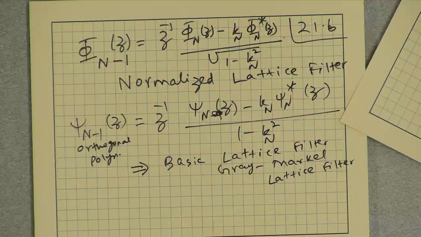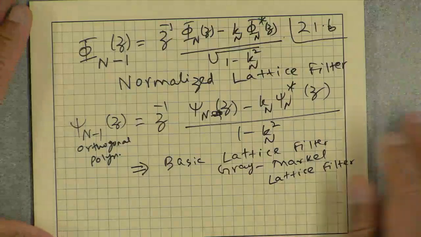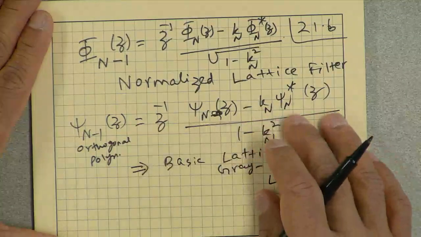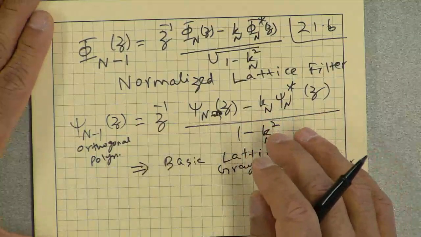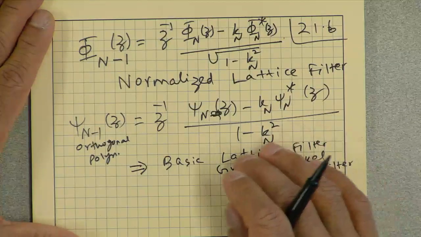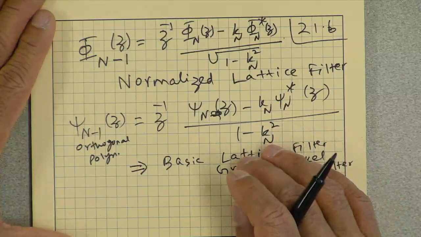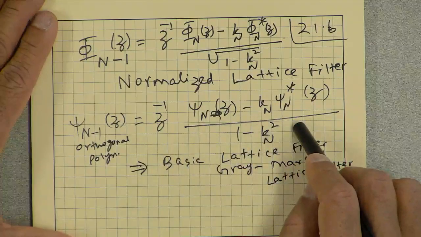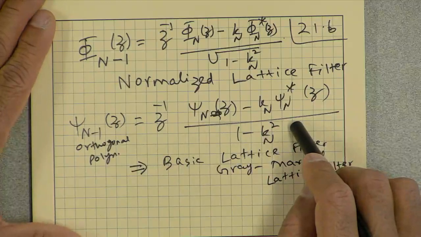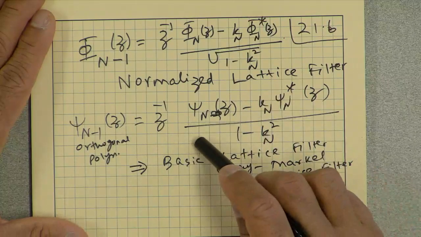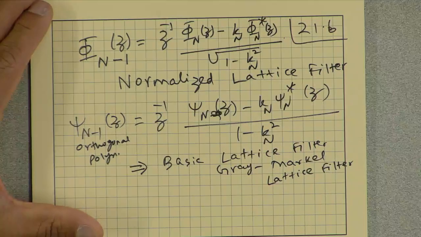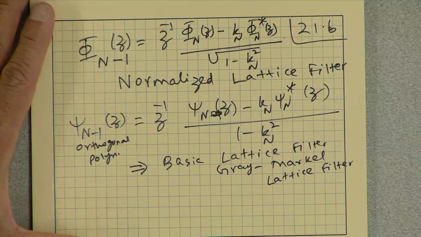Okay, so let me begin with this basic lattice filter, because that's the first structure that existed. And by the way, it may not be obvious, but if we start with the basic lattice filter and apply a transformation matrix, then we can reduce that to a normalized lattice filter by applying a scaling type of idea.